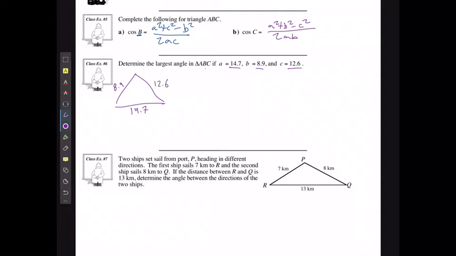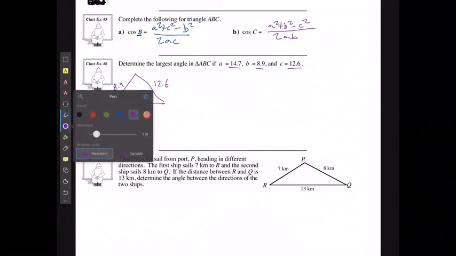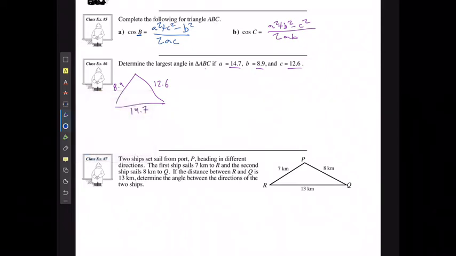The rule is always going to be that the largest side length is opposite the largest angle. So if this is angle A, this is angle B, and this is angle C, it wants us to solve for angle A.